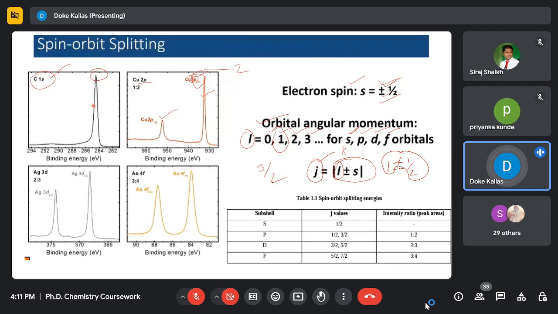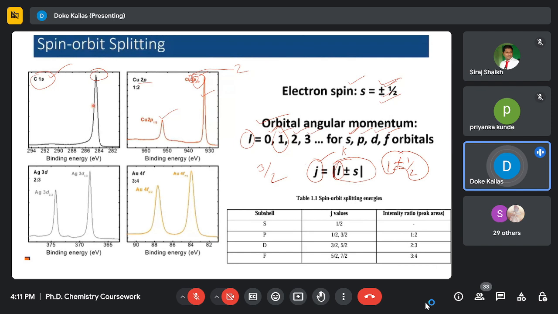In case of f orbitals, the notation in spin orbit splitting is f 7 by 2 and f 5 by 2, which has an intensity ratio of 3:4. So this intensity ratio is 3:4, this one is 2:3, and this one is 1:2. From that also we get ideas about whether the electron is coming from an f orbital, p orbital or d orbital. So that is the application of quantum mechanics, spin orbit splitting, in X-ray photoelectron spectroscopy.